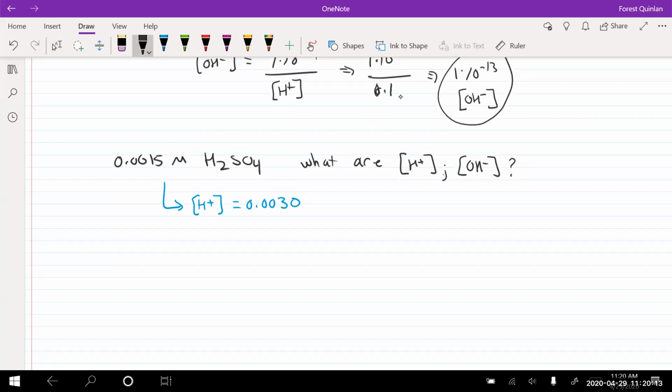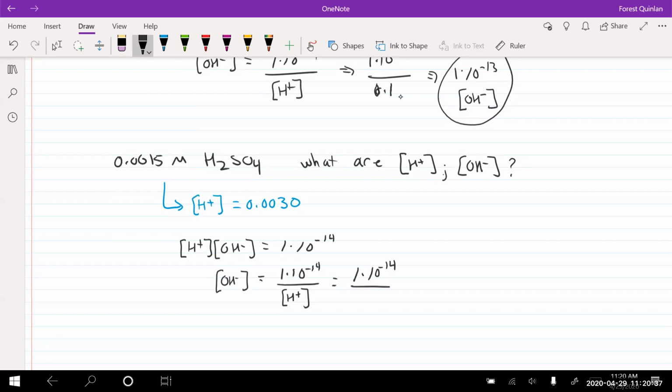So we go back to H plus times OH minus is equal to 1 times 10 to the minus 14. So the OH minus is equal to 1 times 10 to the minus 14 divided by my concentration of H plus. Now we can put that in there: 1 times 10 to the minus 14 divided by 0.0030.